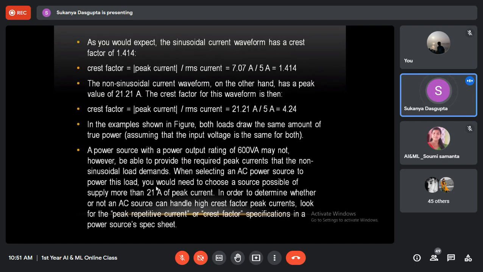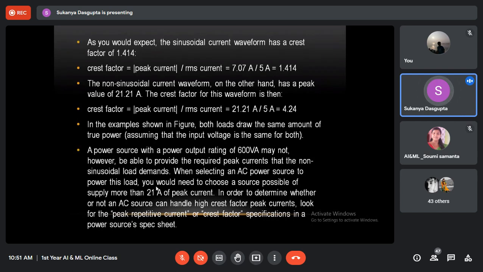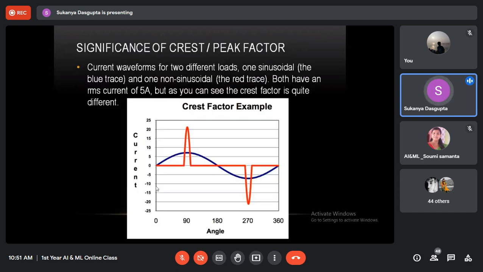Crest factor is the ratio of the peak current by the RMS current. So crest factor will be calculated as 1.414 for the sinusoidal, blue colored waveform, because the peak is 0.707 and RMS current is given in this case, that is 5 ampere.